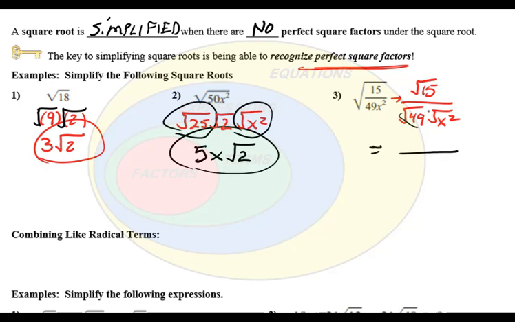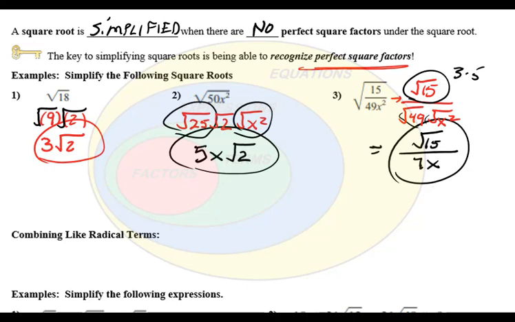The square root of 49 is 7, and the square root of x squared is just x. So the denominator turns to 7x. But the square root of 15, the only factors of 15 are 3 and 5, and those are not square roots. So the square root of 15 is actually simplified, and we leave it.